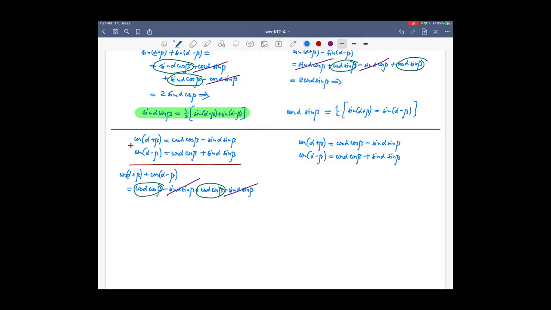So that is simply twice cosine alpha cosine beta. And from here, cosine alpha cosine beta is half the sum, cosine alpha plus beta, cosine alpha minus beta.